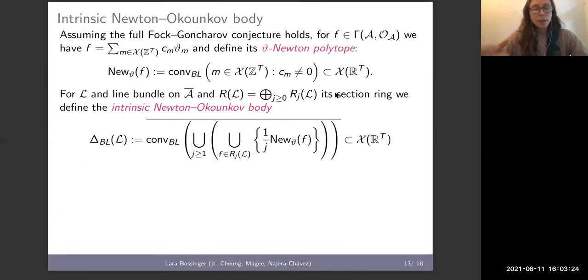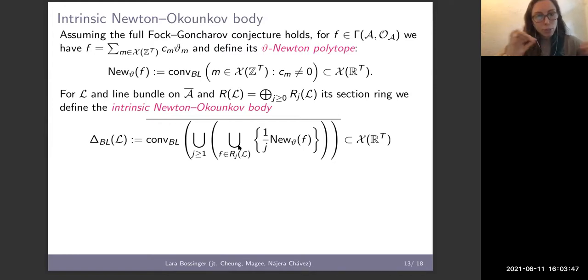Given this notion of Newton polytope, I can go further and consider a Newton-Okounkov body. Say I have a line bundle L on my compactified or partially compactified A variety, and R of L its section ring. Then the intrinsic Newton-Okounkov body is simply taking the usual definition of Newton-Okounkov body.